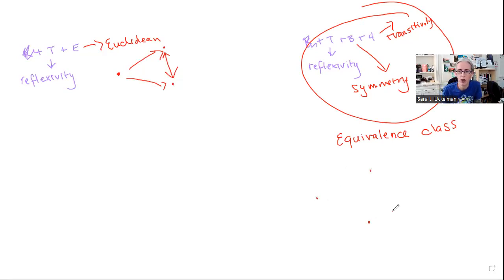So let's just draw a whole bunch of worlds. And now what would we need to do to turn this into an S5 class of frames that satisfies reflexivity, symmetry, and transitivity? Every world would have to be able to see itself, otherwise it's not reflexive.